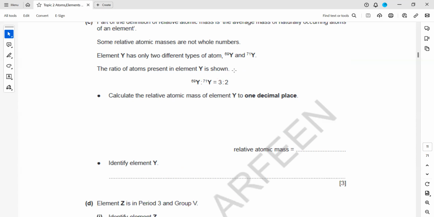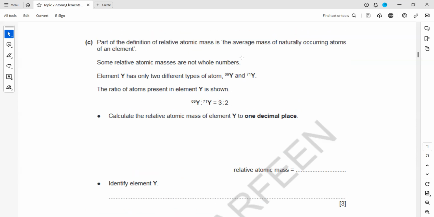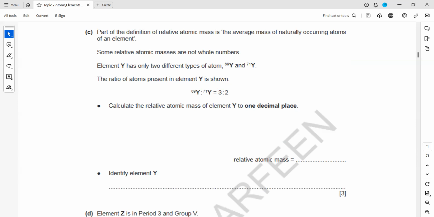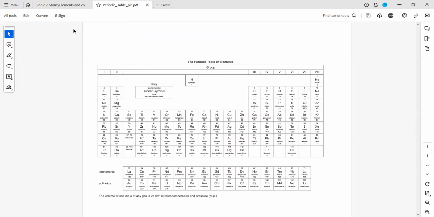Identify element Y. So for 69.8, you have to identify this element Y. How to work out element Y from its mass? You have to use a periodic table. Here's a periodic table.